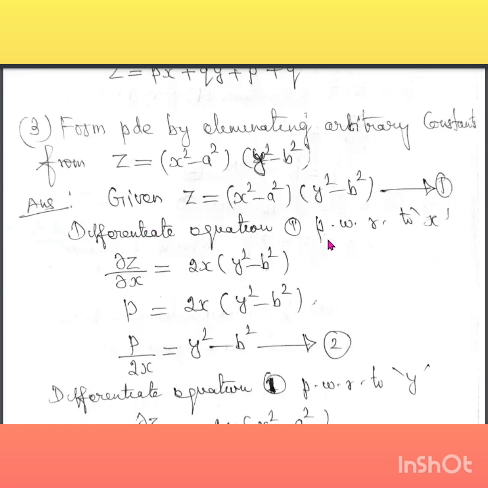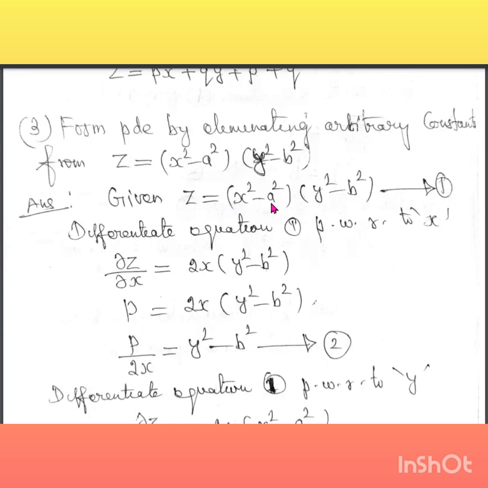Differentiate equation number 1 partially with respect to x. How to differentiate this? This is uv. Left hand side is no problem, ∂z/∂x. Right hand side there are two things, x square minus a square into y square minus b square. d of uv is equal to u dv plus v du.